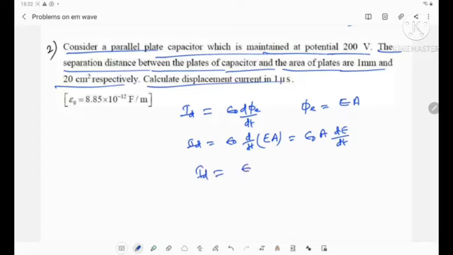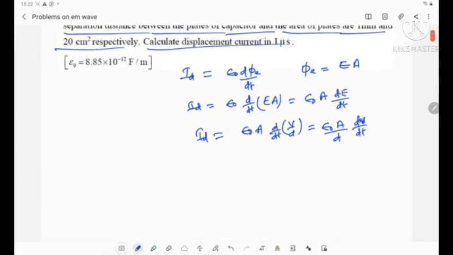Therefore, ID is equal to epsilon naught into A into d by dt of electric field E, which is equal to potential difference by distance. This becomes epsilon naught into A into d constant, this becomes dV by dt.